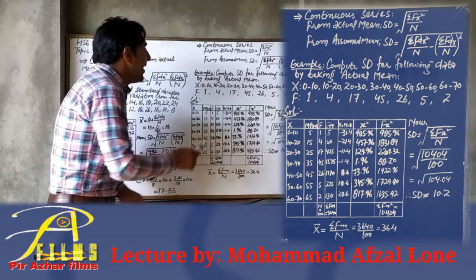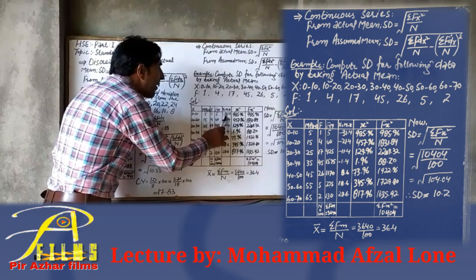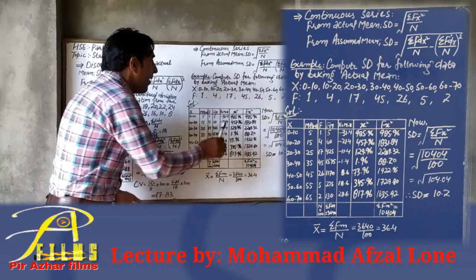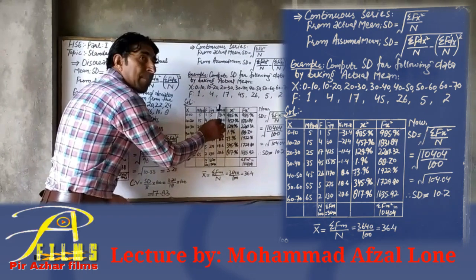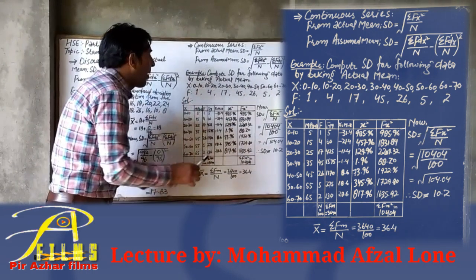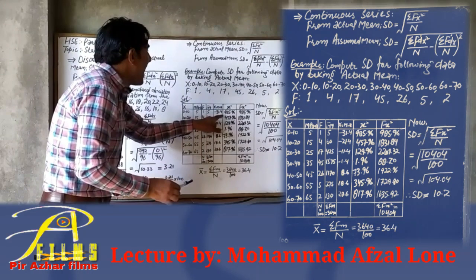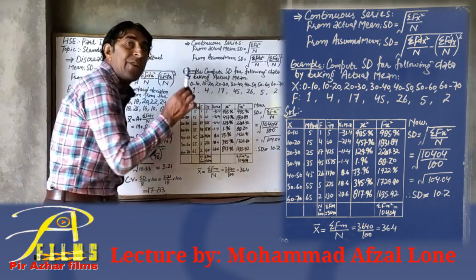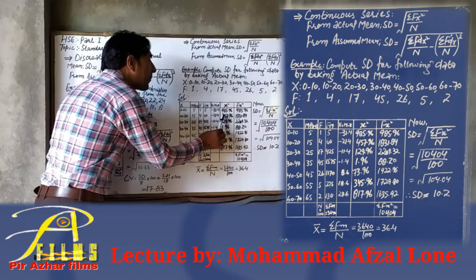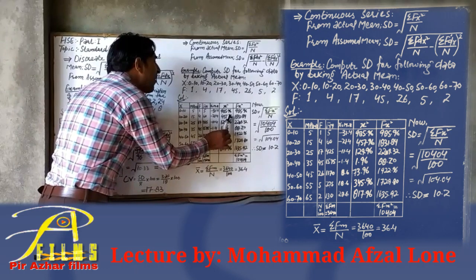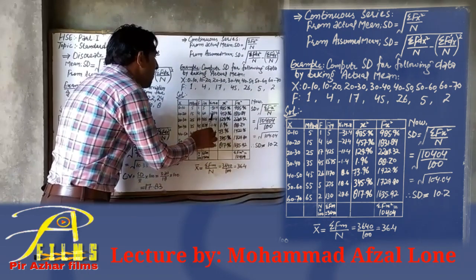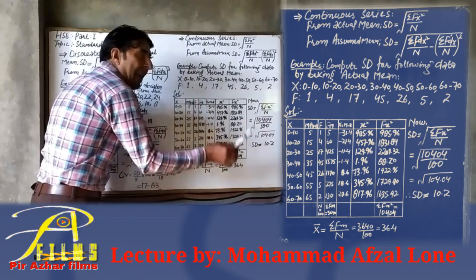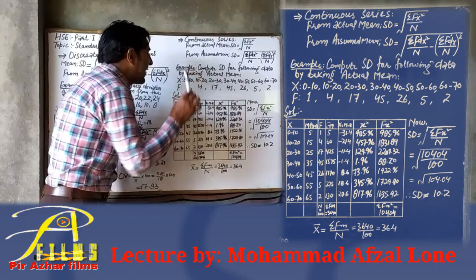Now x square: let's multiply 31.4 into 31.4 to get x square, which is 985.96. Minus 21.4 into minus 21.4 is 457.96. Minus 11.4 into minus 11.4 is 129.96.